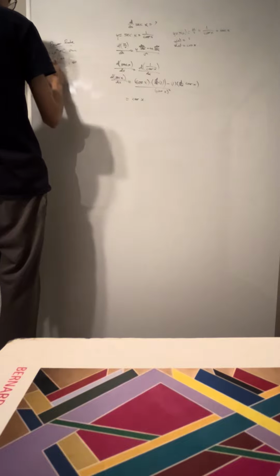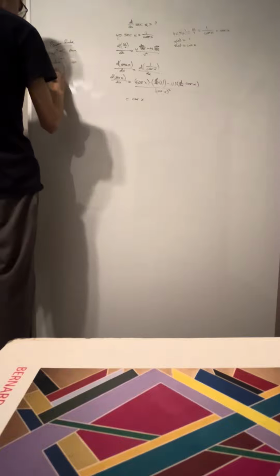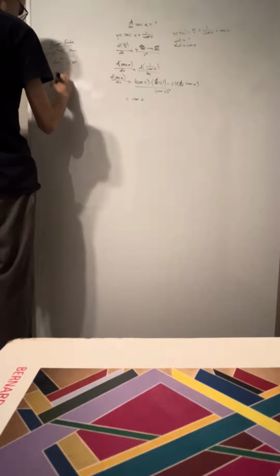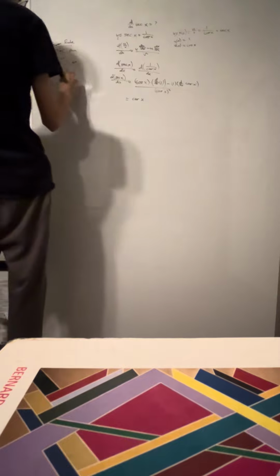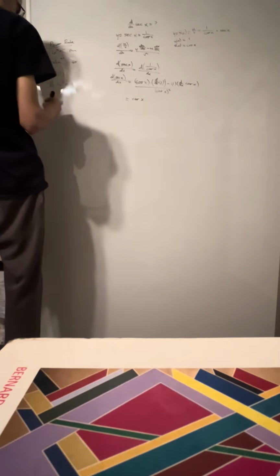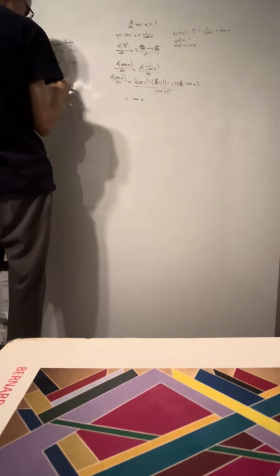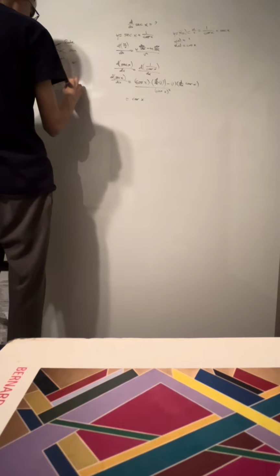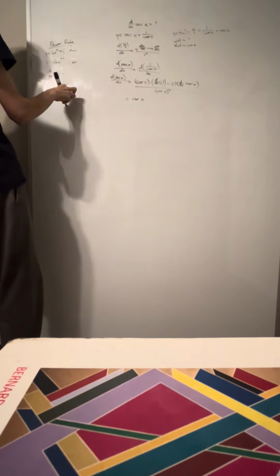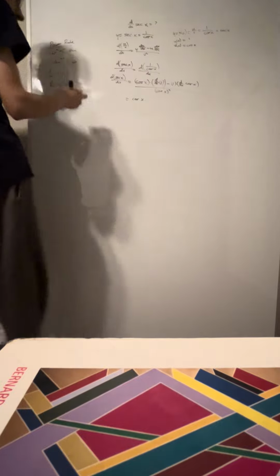So d dx of 1 equals d dx of 1 times x to the 0, because these are equivalent. Using the power rule, our n is 0, so 0 times k is 1 times x to the 0 minus 1, and 0 times all that is just going to give us 0.